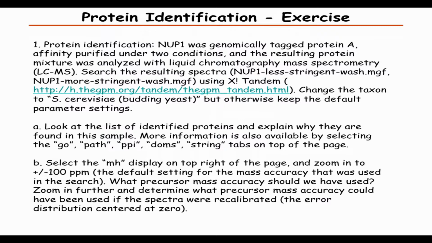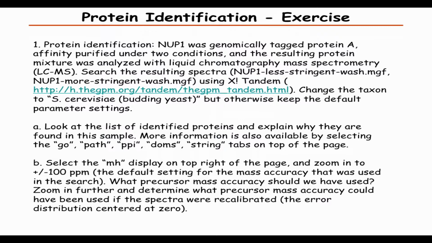They did two different conditions. In one, they washed very carefully, so that in that sample we should see very few proteins. In the other case, they didn't wash it very well, so that we should see a lot of proteins. And we will also see some nuclear pore proteins.